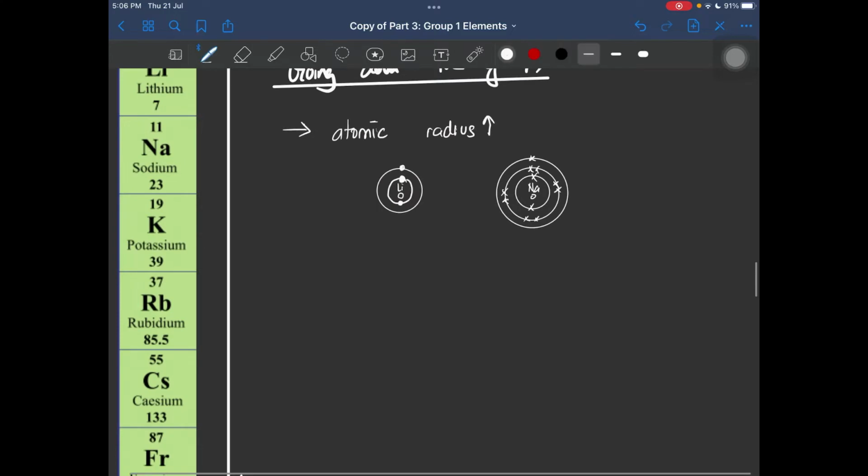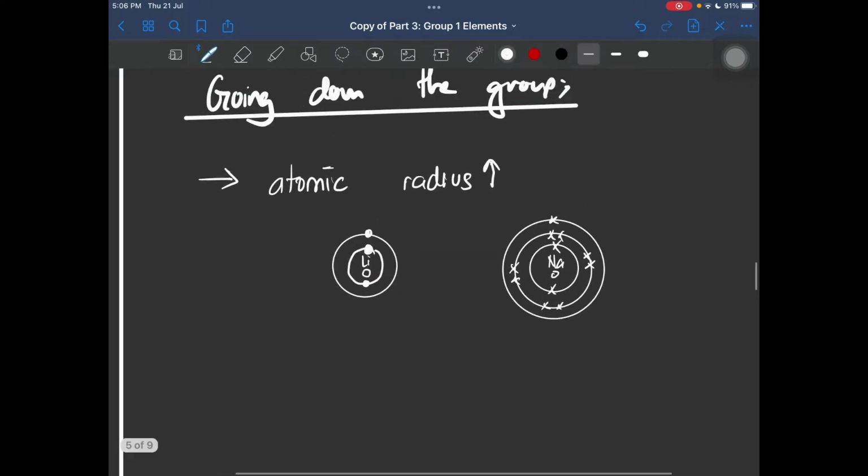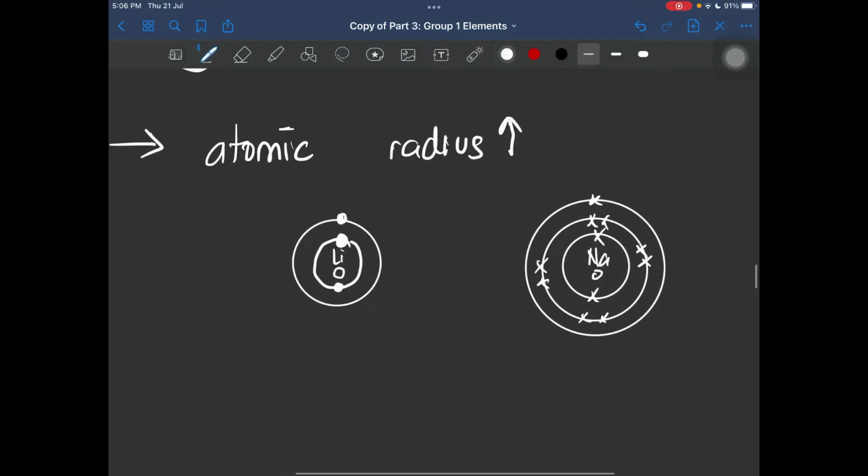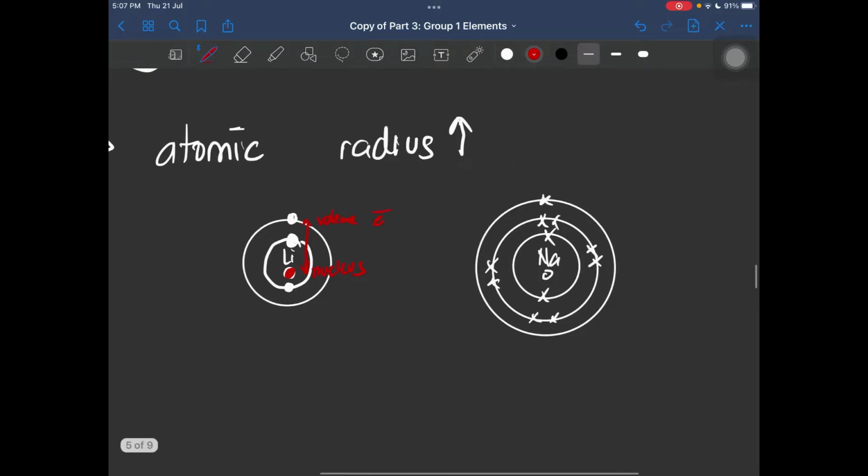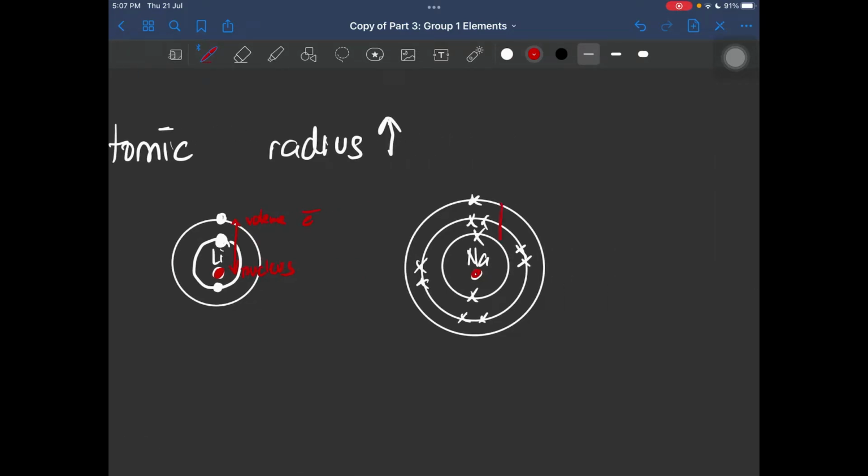So because the atomic radius increases, the distance between the nucleus and the valence electron, right, will also increase.